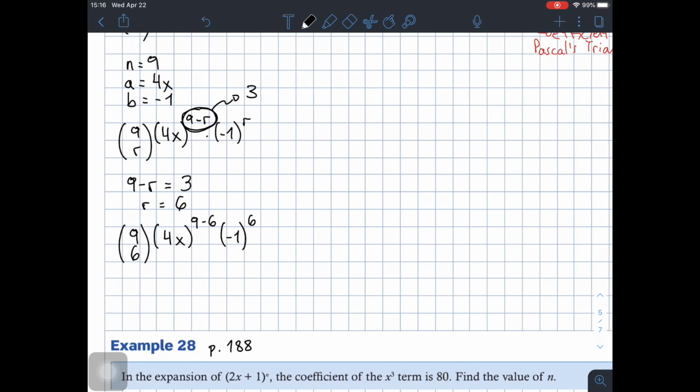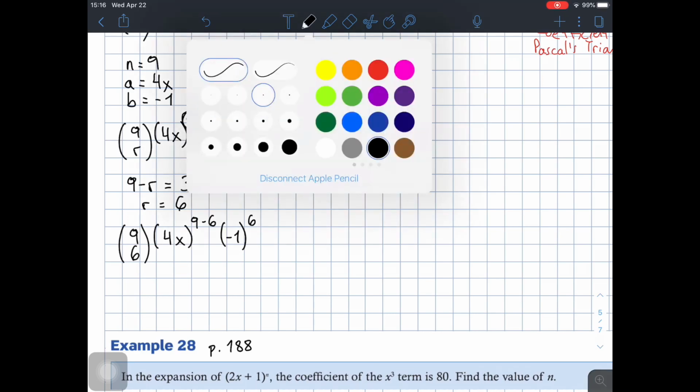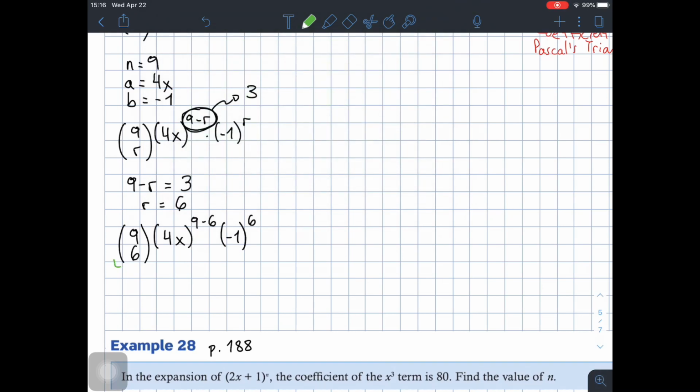Remember how to do that? You go to option, prob, nCr, and then you put 9C6. I'm not going to show it because you already know this. The value you obtain here is 84.